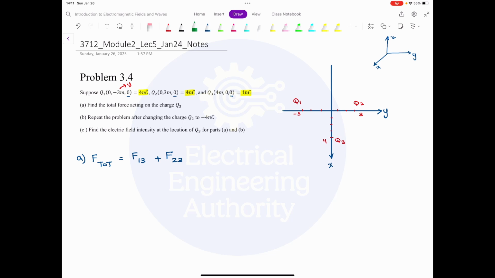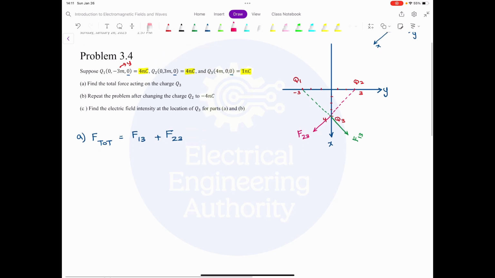So if I want to draw the force that Q1 is exerting on Q3, this would be my F13, and then my F23 is the force that is being exerted on Q3 due to the existence of Q2. So I have F13 and F23, and now I want to find the total force that is acting on Q3.